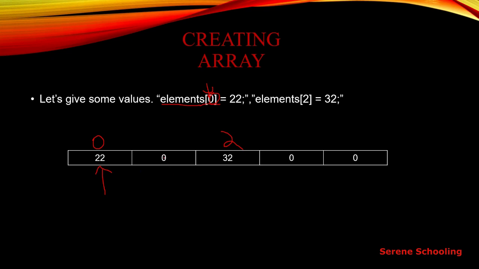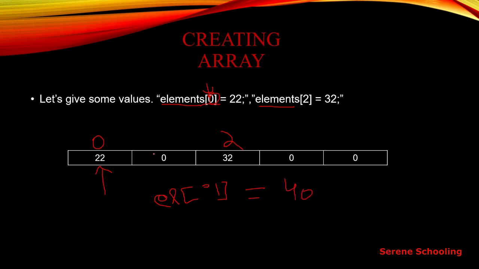Now you want to access the first index. What you have to do is write the name of the array, and then you have to give it the index, which is 1 in this case, and then you simply have to assign it the value, like let's give it 40.